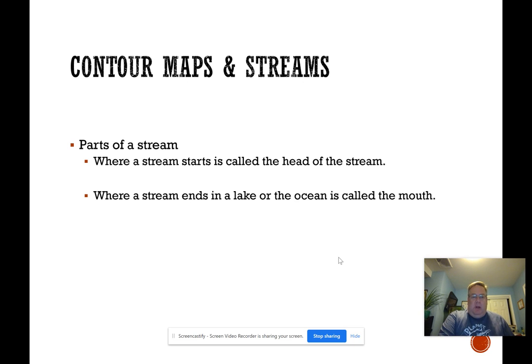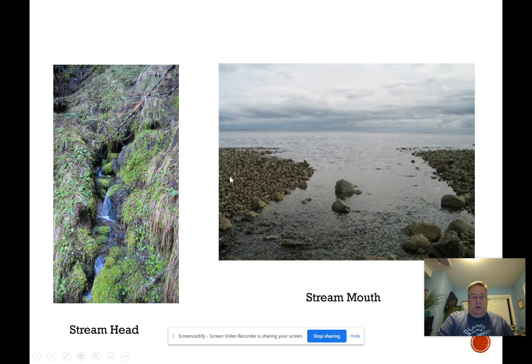Could be a river. All right, so when we refer to parts of a stream, where the stream starts, we're going to call it the head of the stream. All right. And where it ends is the mouth of the stream. Okay. So here would be an example of a stream head. So you have some groundwater that's bubbling up. Okay.